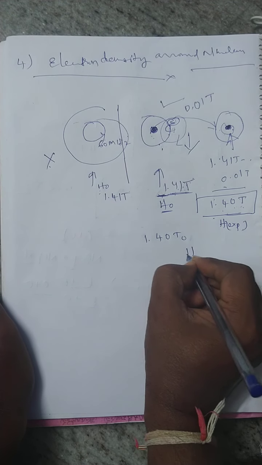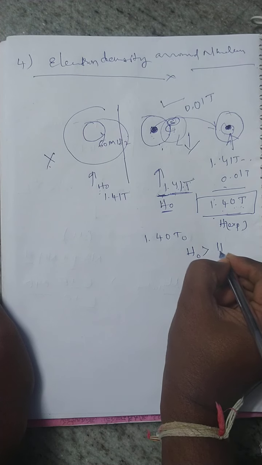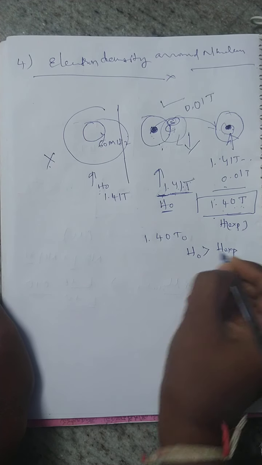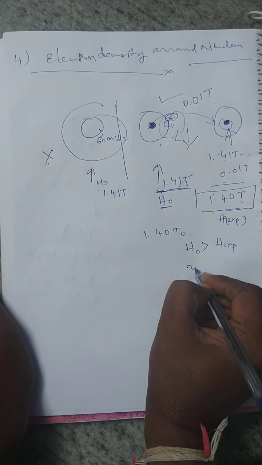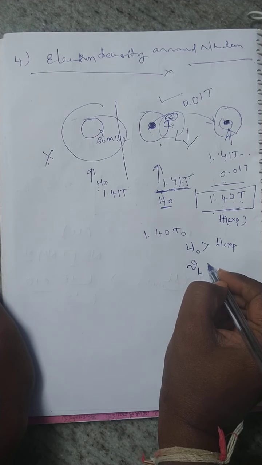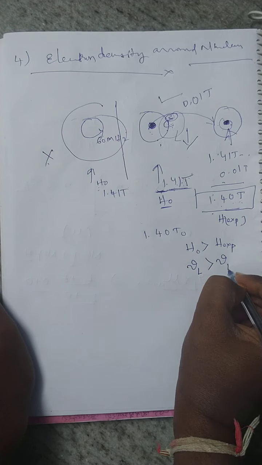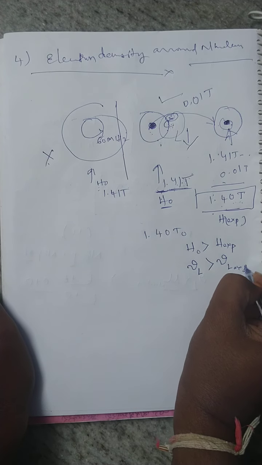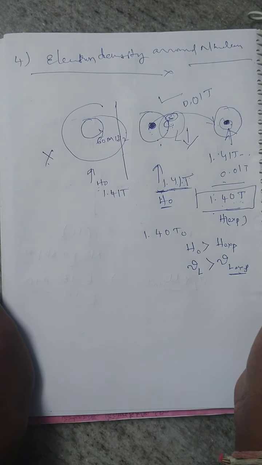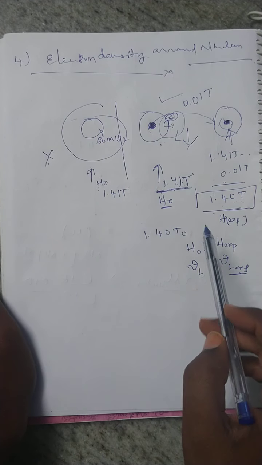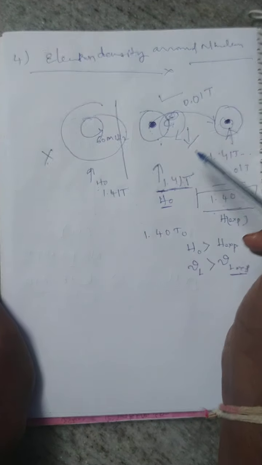So H experimental is less than H applied, right. Therefore, Larmor frequency original is less than Larmor frequency expected, right. So that spinning nucleus will precess with less frequency, right. So it depends upon the number of electrons around the nucleus.